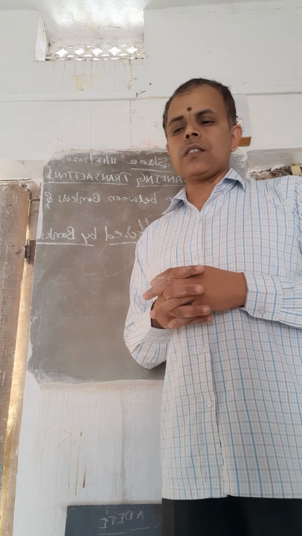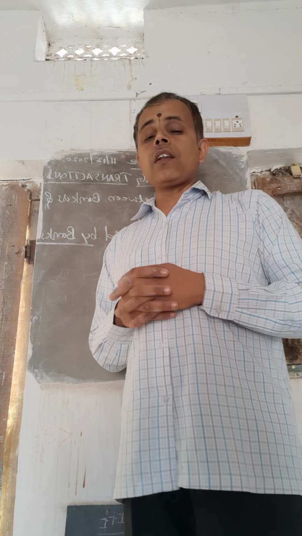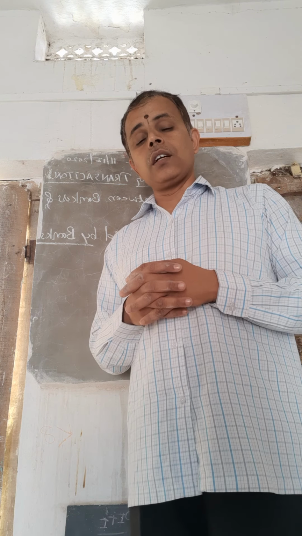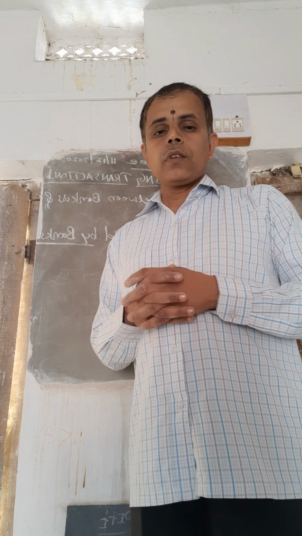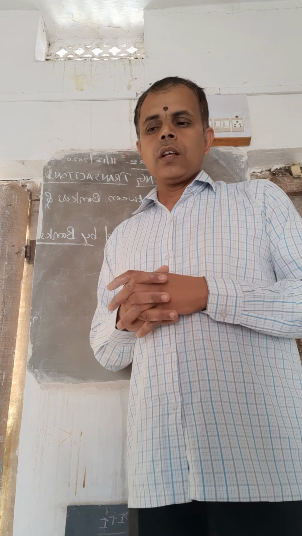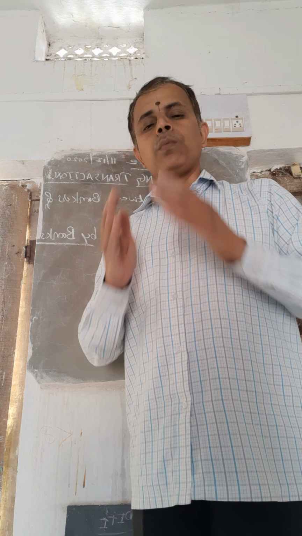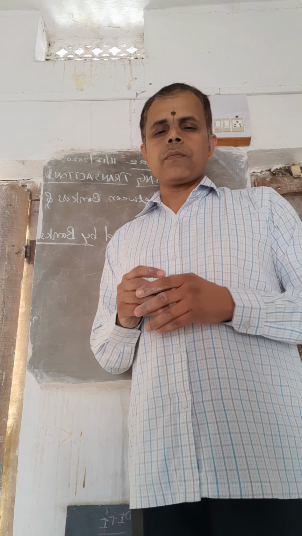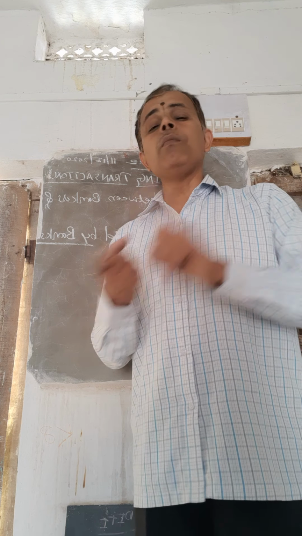The third point is the home and vehicle loans. If your parents are thinking to construct your own house and do not have sufficient funds, then the banks are ready to provide the loans, the home loans, with security.